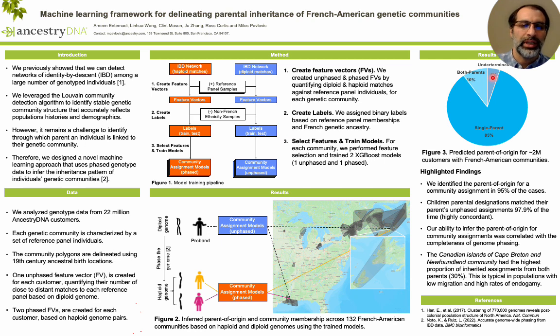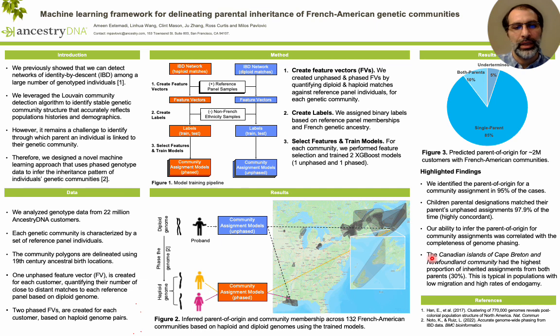And in 5% it was undetermined, and this was correlated with the completeness of the genome phasing. And the children's parental designations actually matched their parents' unphased assignments close to 98% of the time, which shows that our models are highly concordant for children and parents.